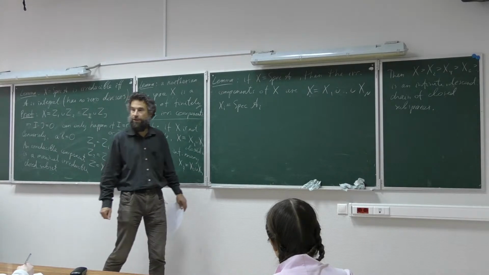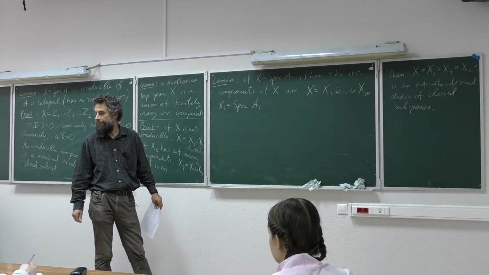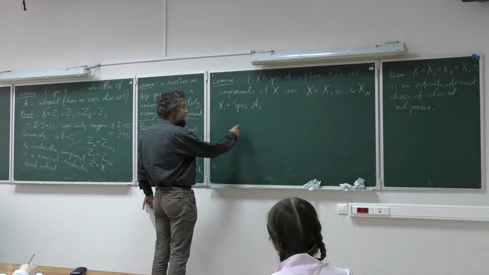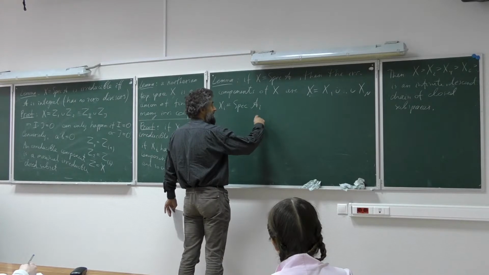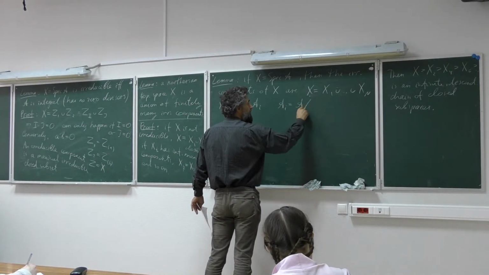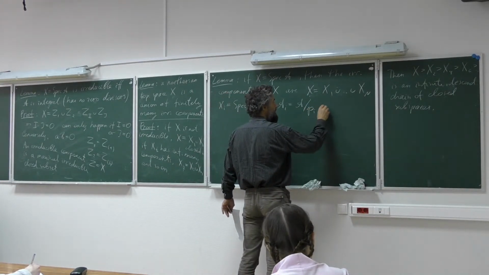How do we see them algebraically? Quotients by prime ideals. Right, absolutely. So Ai is A modulo Pi, a prime ideal.